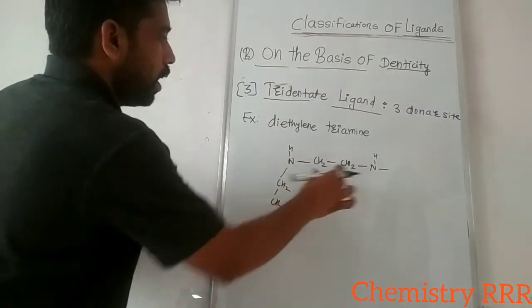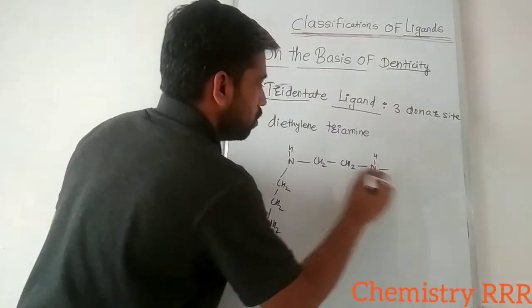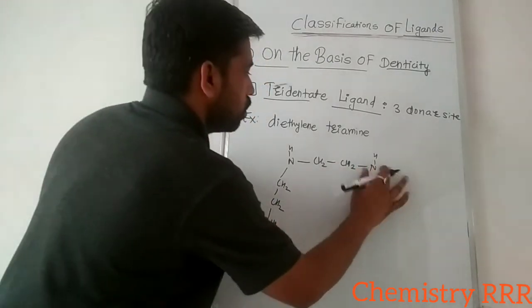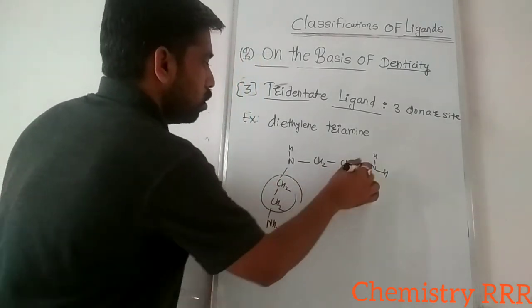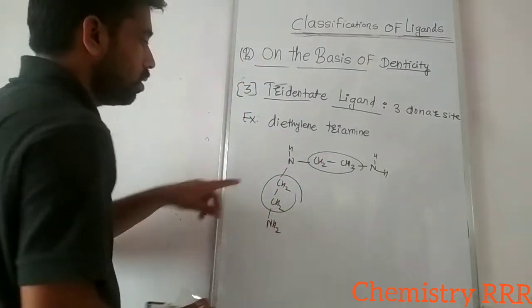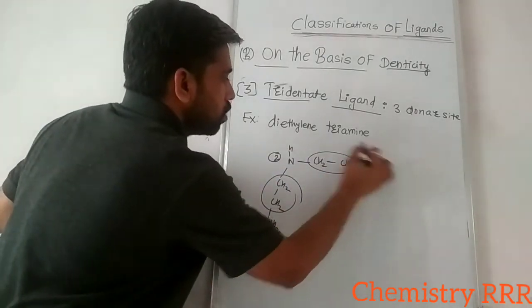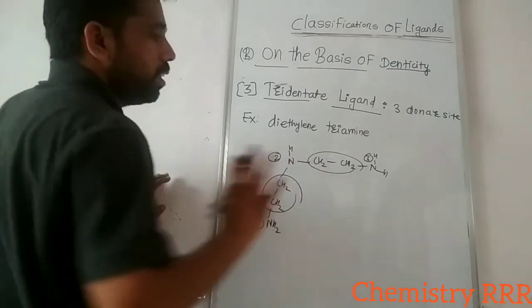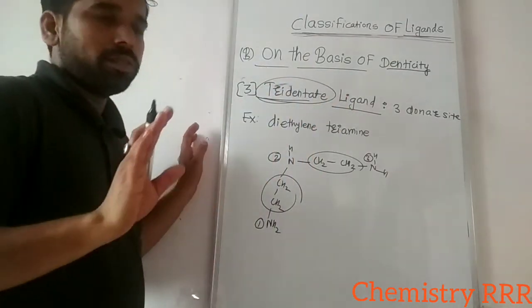This is diethylene triamine. These are the donor sites 1, 2, and 3. This is the structure of diethylene triamine. This is a tridentate ligand.